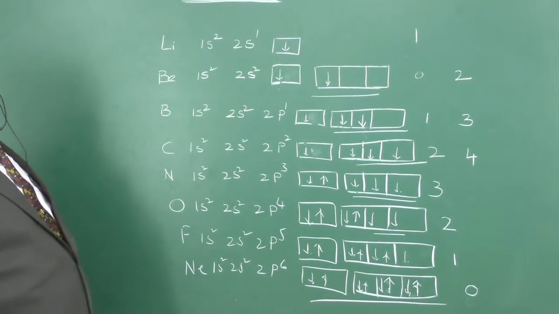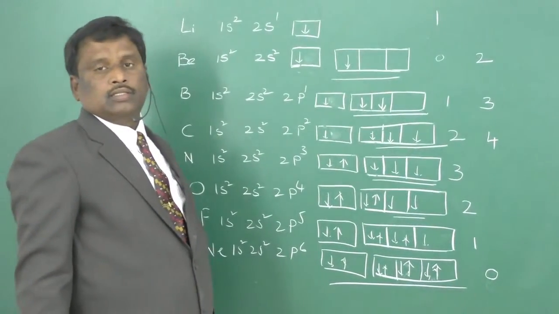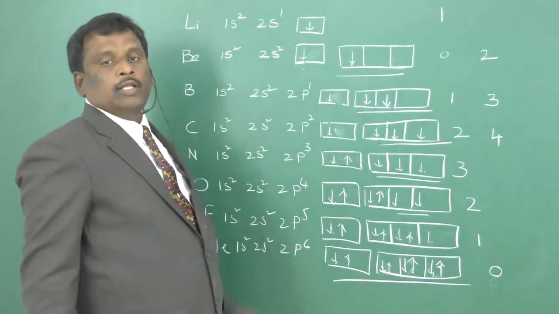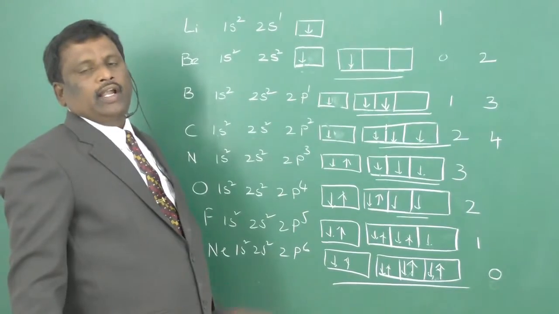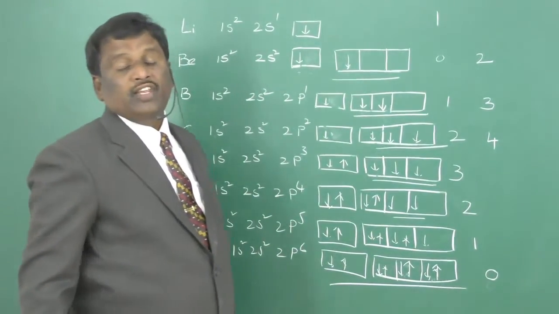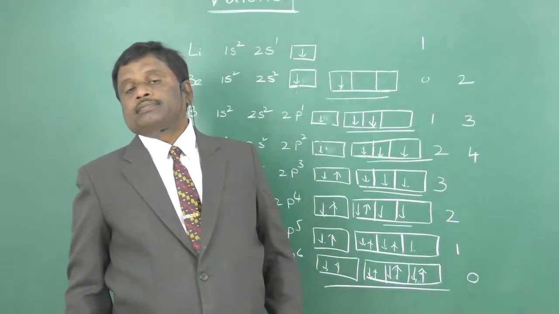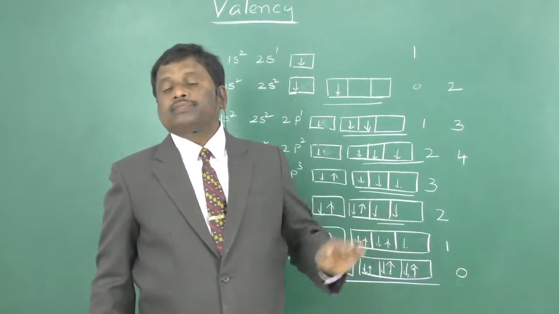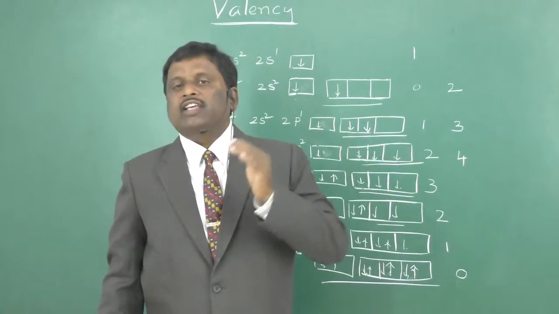In the ground state electronic configuration, the number of unpaired electrons may be less, but in the same energy level, if empty orbitals are available, these paired electrons will enter into those empty orbitals and another valency is exhibited. That is why the valency of an element is not constant. It is a variable value, depending on the atoms which bond with them.